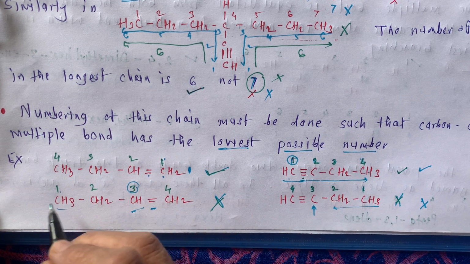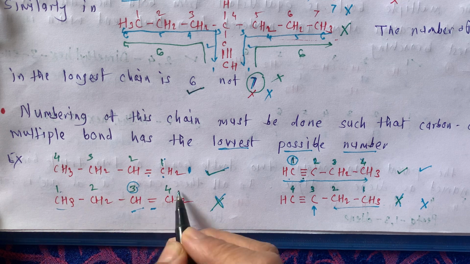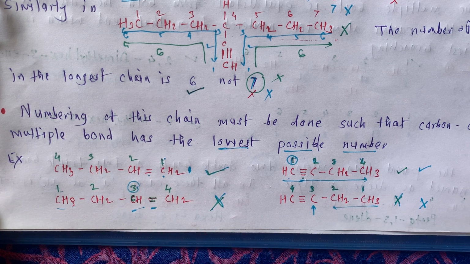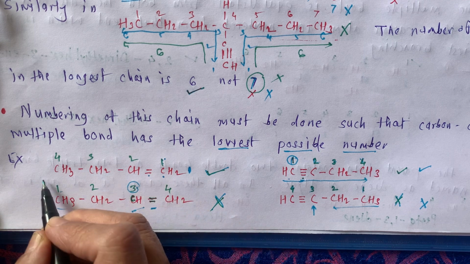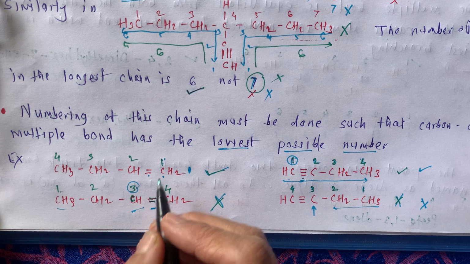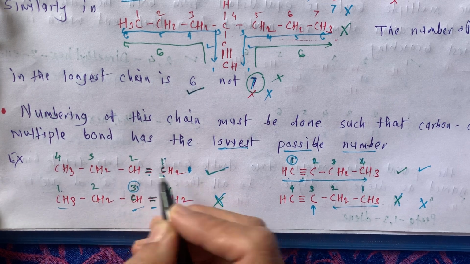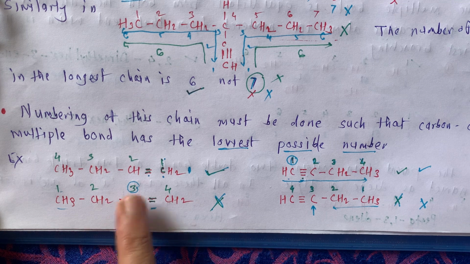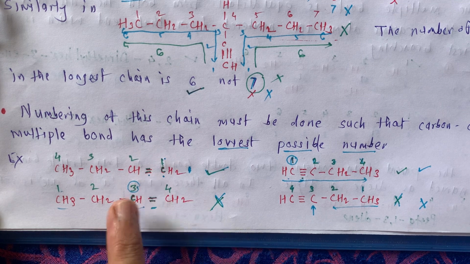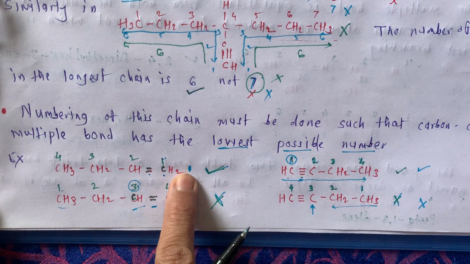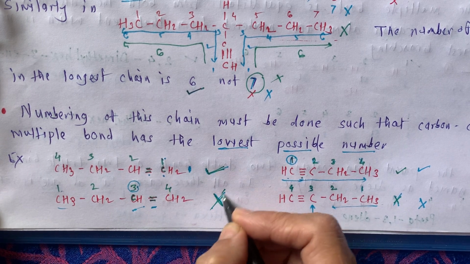If you number from here, 1 2 3 4, at the third carbon there is a double bond. But if you number from the right end, 1 2 3 4, on the first carbon there is a double bond. So 1 is the lowest possible number than 3. So numbering should be from the right end. This is the correct one. This is the wrong one.